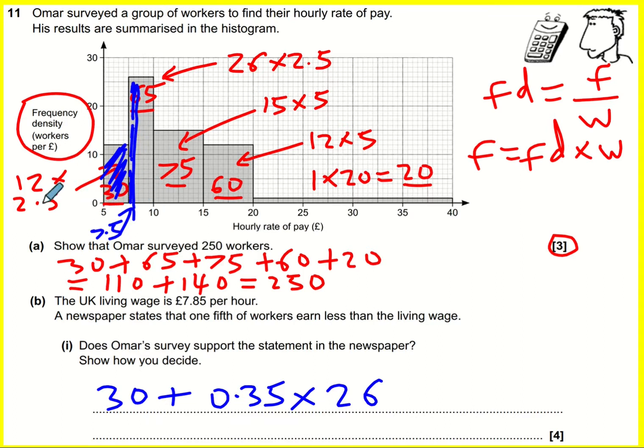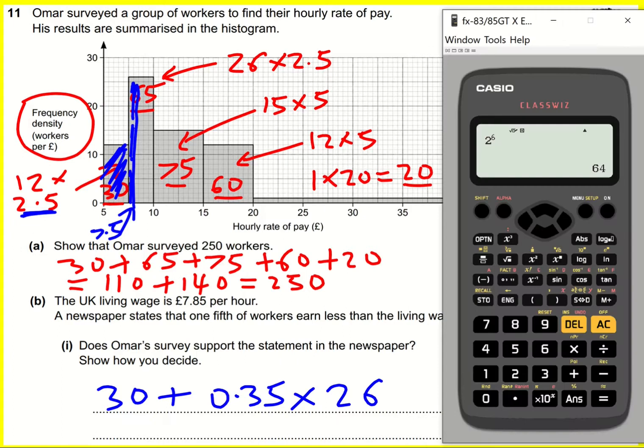I did that calculation before, 12 times 2.5, so I've just taken that straight away. And then I've got my width, which is, I want to go up to 7.85. I'm at 7.5, so it's going to be 0.35 is my little width here. I multiply that by the frequency density, 26 again, and that will allow me to work out the total frequency.